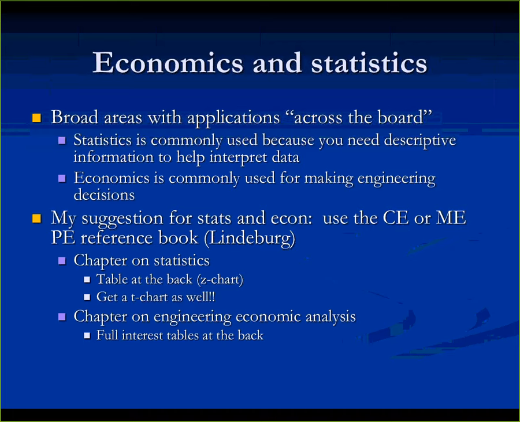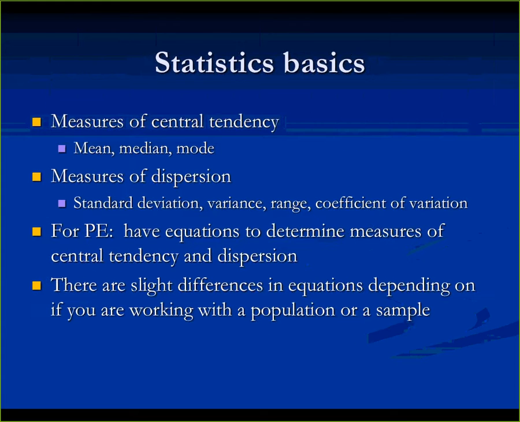My only caveat for statistics is that there is a Z chart, which we'll talk about in a little bit, at the back of the book, but you're also going to need a T chart as well, and those don't come in these reference books. So you want to make sure you've got a T chart. And nicely, both of them have full interest tables for engineering economic analysis questions at the back of the book. I don't think you need any references beyond these reference books for the PE, for these 2 areas.